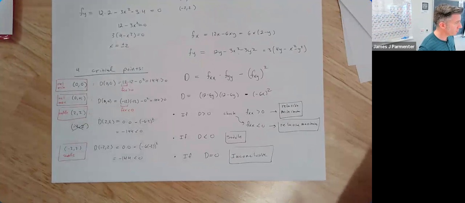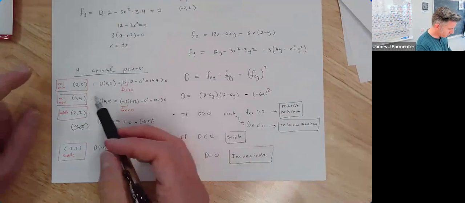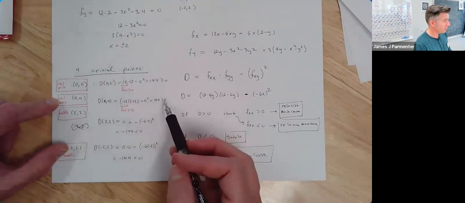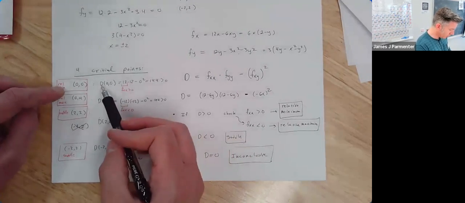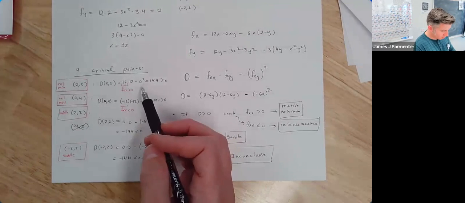Question, Josh. Sure. So both 0, 0 and 0, 4 had a D value that was positive. But the difference here is that at 0, 0, the second derivative with respect to x or y was positive.